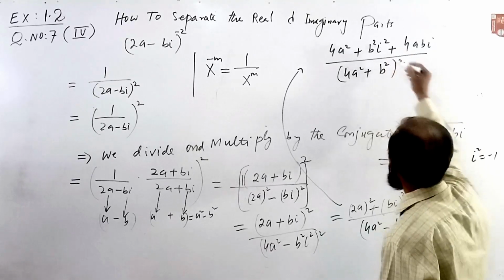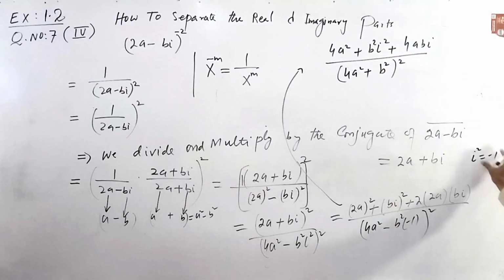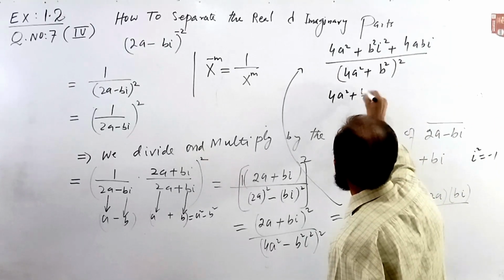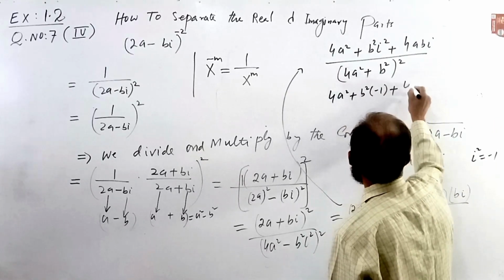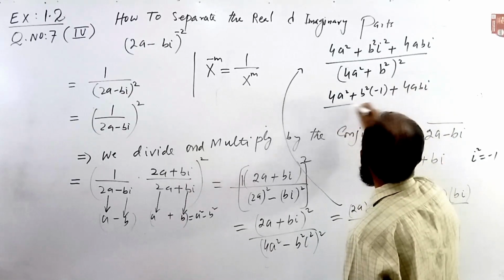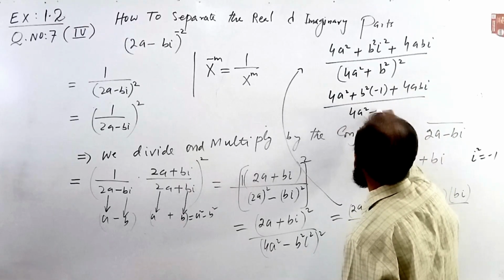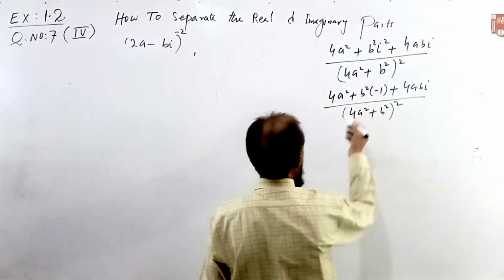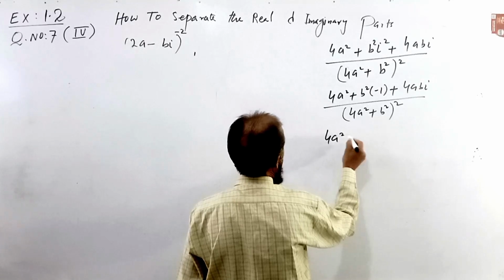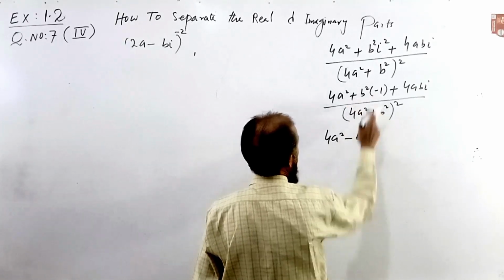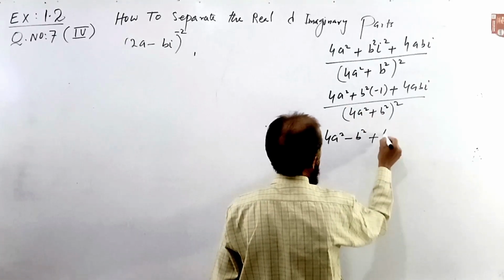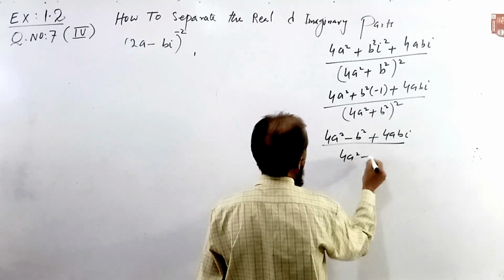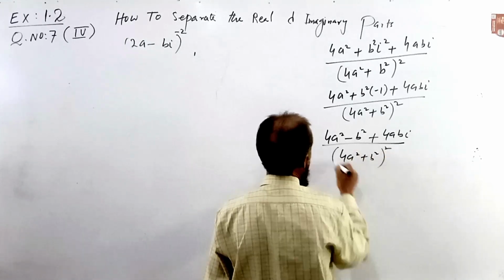Here in iota square, once again we put minus 1, so we get 4a square minus b square plus 4abi, divided by (4a square plus b square) whole square.